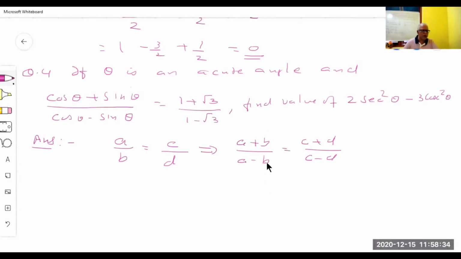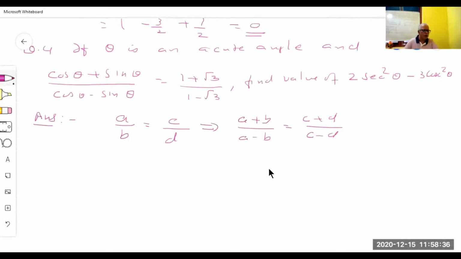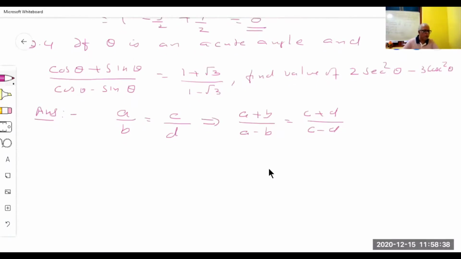So what is given to us? Cos theta plus sin theta divided by cos theta minus sin theta is equal to 1 plus root 3 divided by 1 minus root 3. Now applying componendo and dividendo, what will you get?